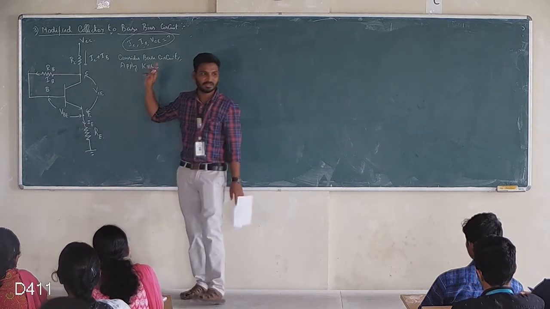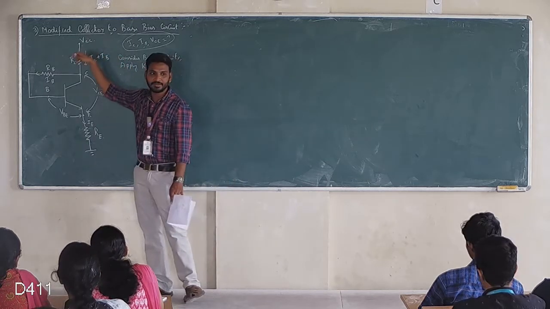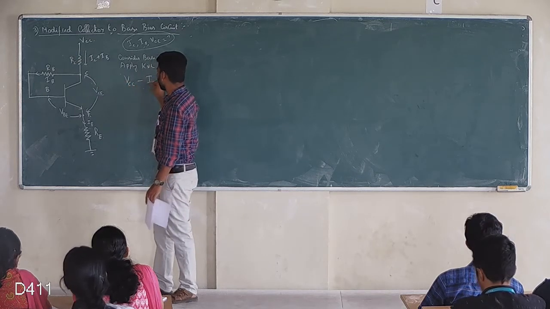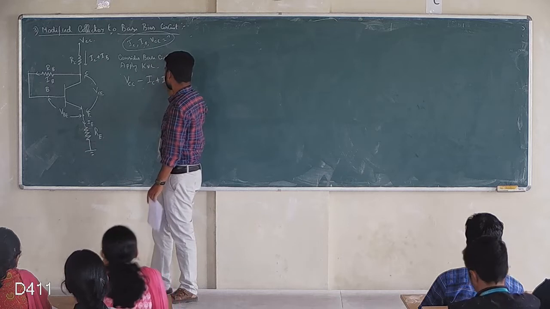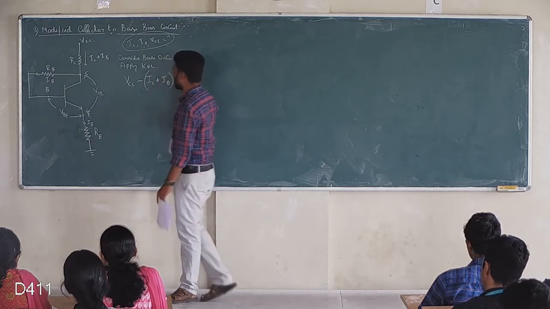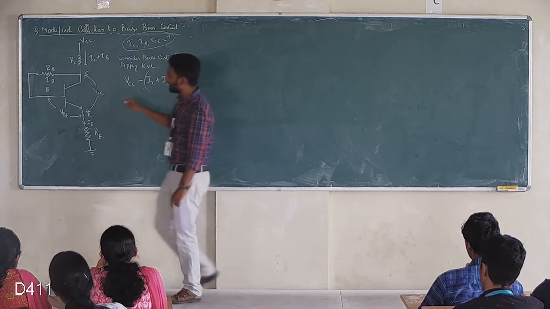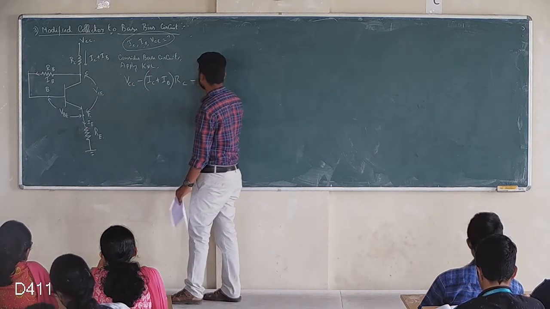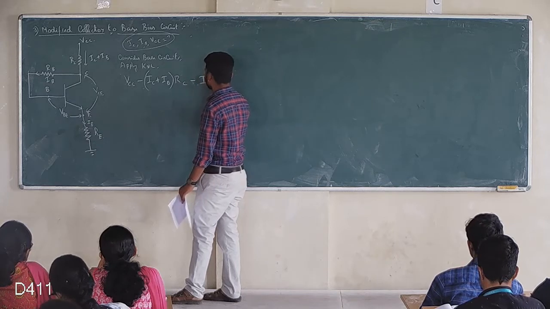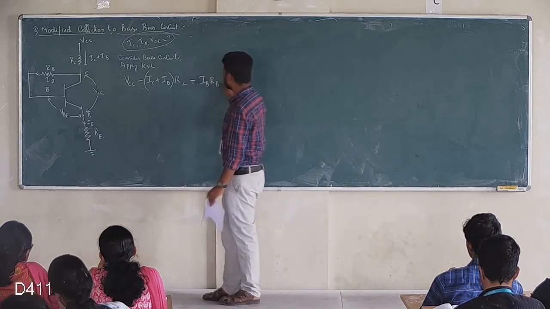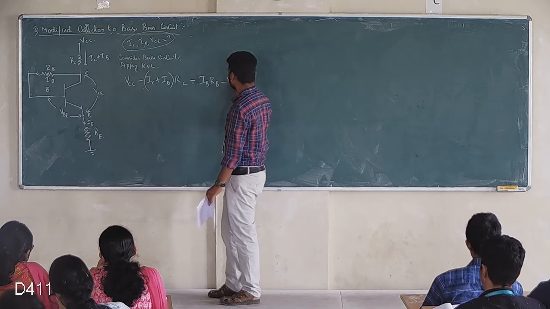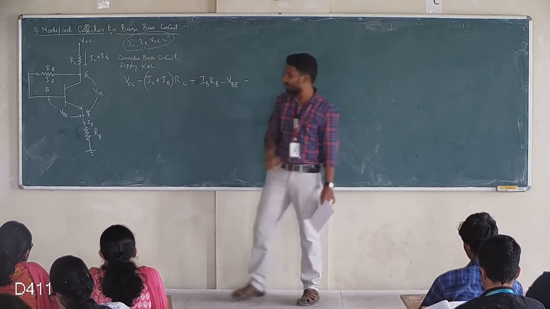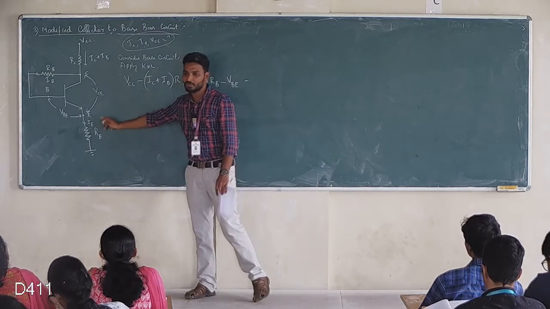First, VCC is the entering. So VCC minus (IC plus IB) RC, plus voltage across this resistor, minus IB RB, minus VBE, minus... but in the last circuit we won't add this component because it is grounded.